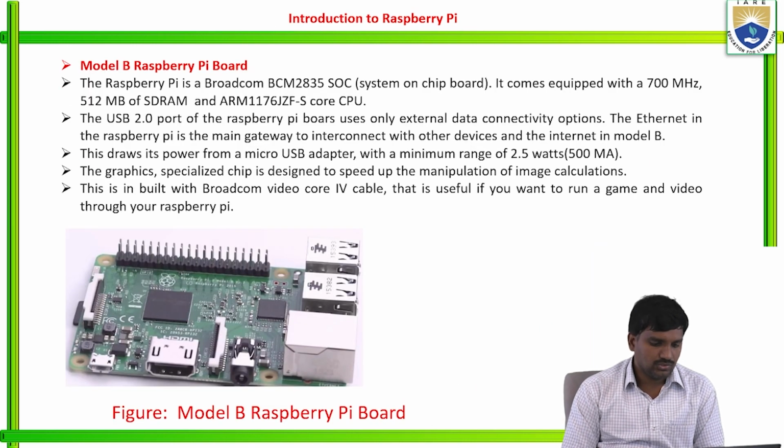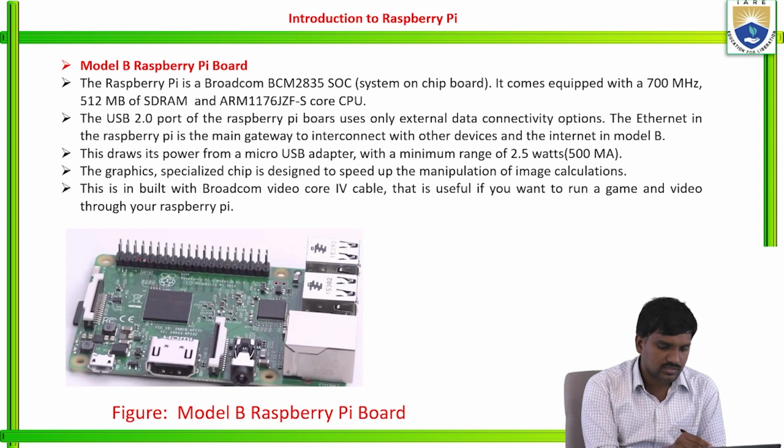Next, Model B. This is the diagram for Model B. So the pins are different. 360 pins are going to increase, and there is an HDMI port, reset button like that.